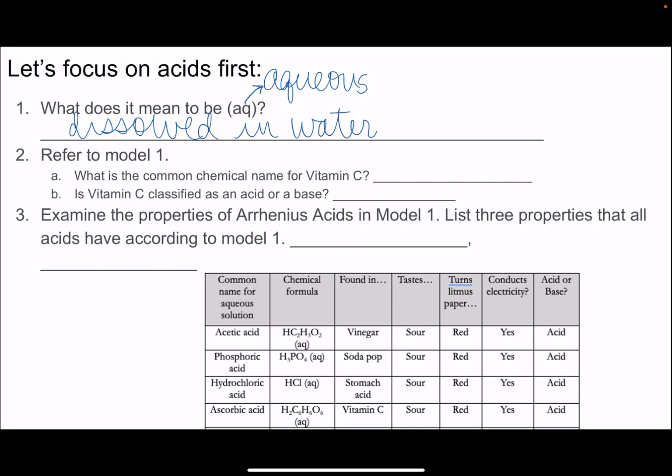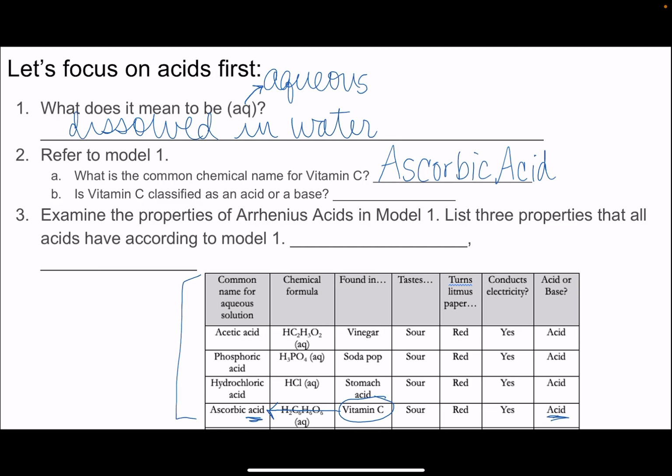So follow along on your POGIL as we go through it. Now it says refer to Model 1. Now I just cut off the back end because we're going to focus on acids first. So what's the chemical name for vitamin C? So we'll find that vitamin C is here, and then when we look for its chemical name, we'll see that its common name is also ascorbic acid, which gives us a pretty good clue of what its classification is.